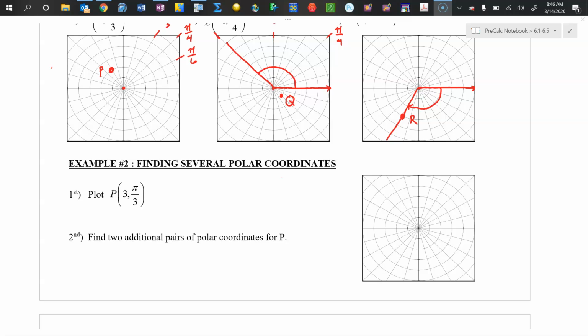So I am going to label the angle of pi over 3, go to the pole, draw in my polar axis, rotate to that directed angle of pi over 3, draw in the terminal side, and then move 3 units in that direction to label point P.